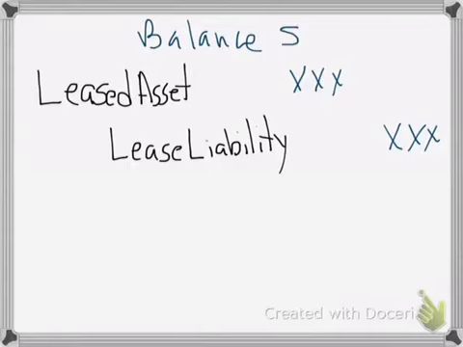And so these would affect the balance sheet, where a regular operating lease only affects the income statement as far as that rent expense is concerned. Now, the portion of the lease liability that's expected to be paid in the next year would go on the current section, not the long-term section, if we're looking at a classified balance sheet. So that's something else that I want you to remember.